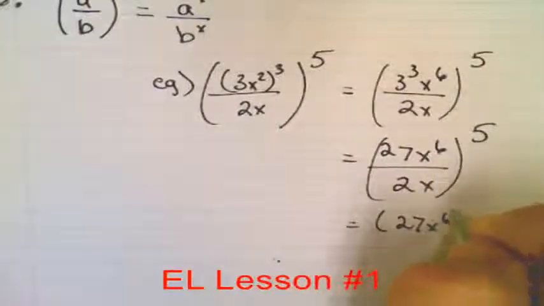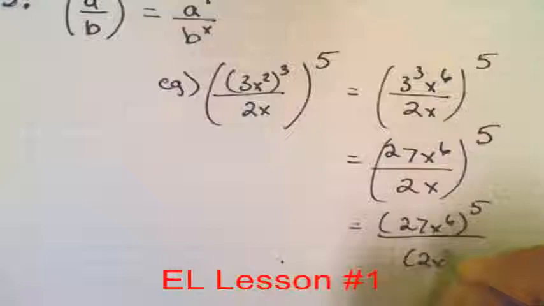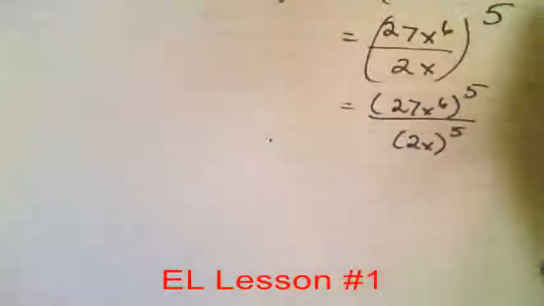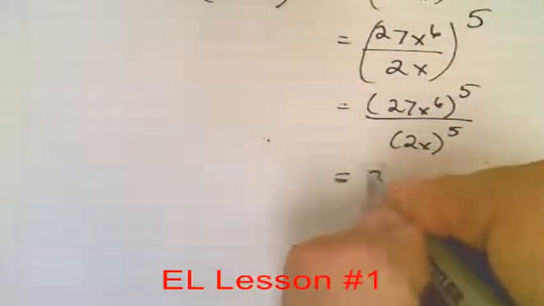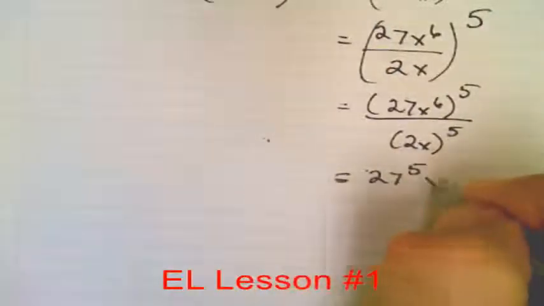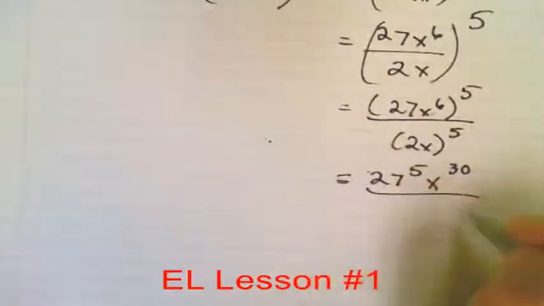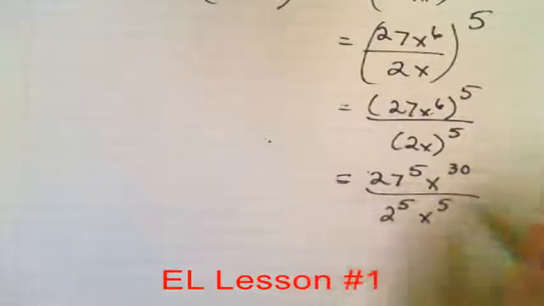I've cleaned that up. Now from there, I'm going to put the power of 5 in. So what I'm going to end up with is 27x to the 6th to the 5th power divided by bracket 2x, close that bracket, to the 5th power. Okay. Cleaning this up, that exponent goes in, so it's going to be 27 to the 5th power.